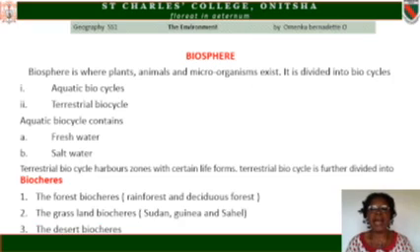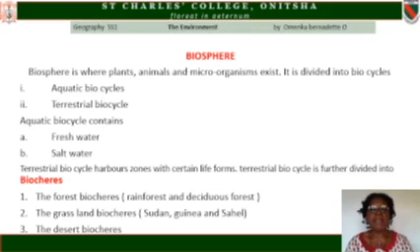Biosphere is where plants, animals, and microorganisms exist. It is divided into biocycles. Aquatic biocycles, this means those animals or plants that live in water. Terrestrial biocycle, the one we can see on the land surface or the lithosphere.